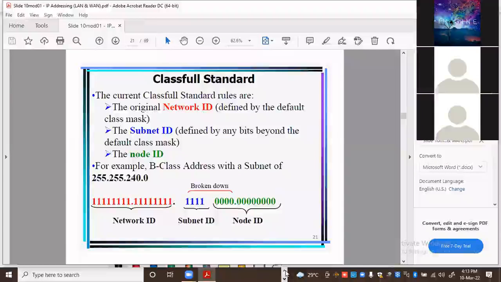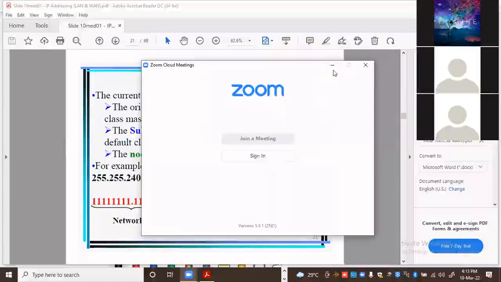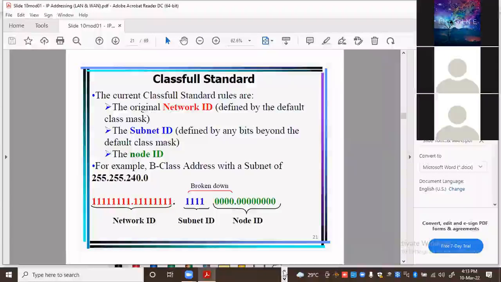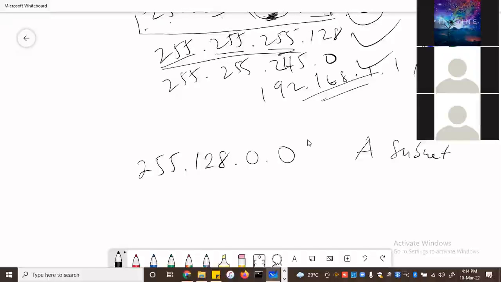Let me go back to the drawing board. I give you a class A subnet mask, okay? So I'm going to give you 255.128.0.0. And I tell you it's a class A subnet mask.